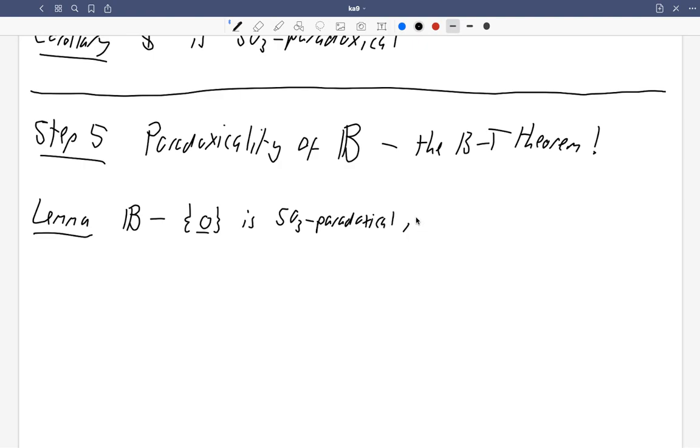Hence, also under the group of proper rigid transformations, because that group contains all rotations.